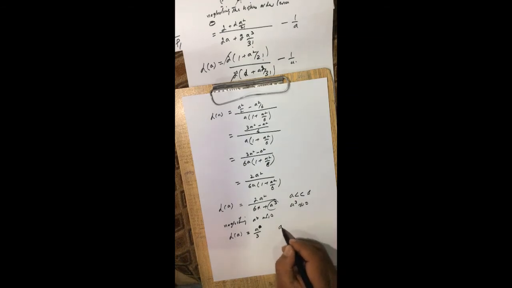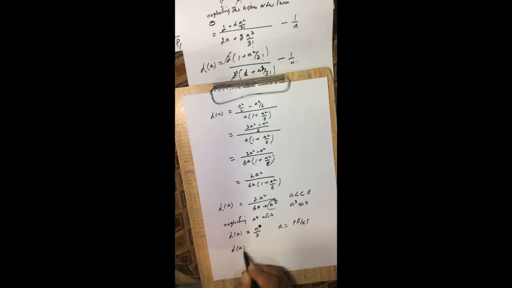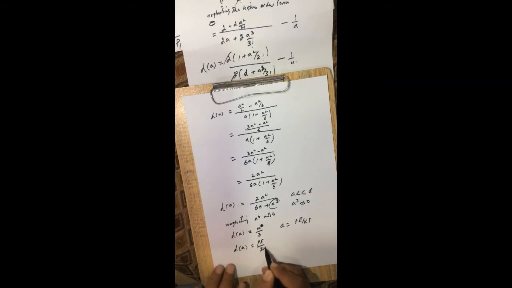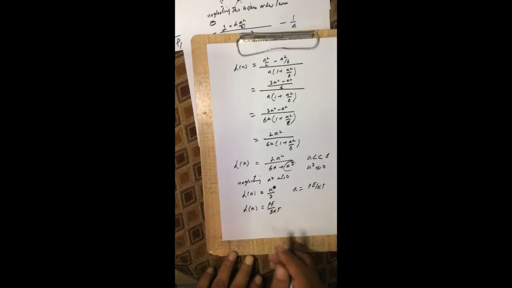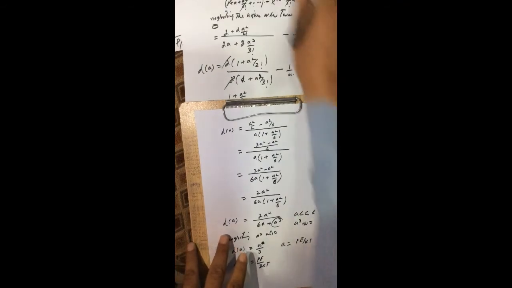But a is equal to pE over kT, so if I put it here, then this Langevin function will be pE over 3kT.